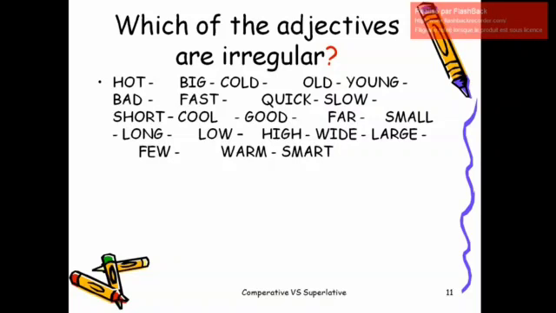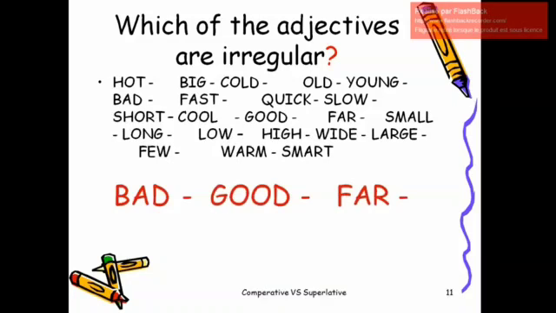Which of these adjectives are irregular? Yes. Bad, good, and far. These are irregular adjectives.